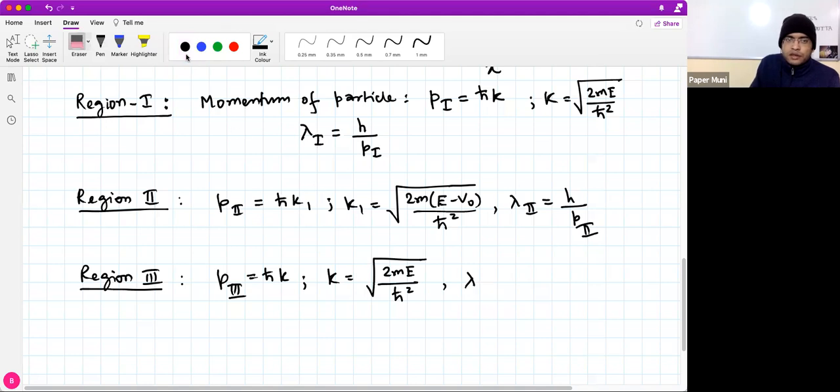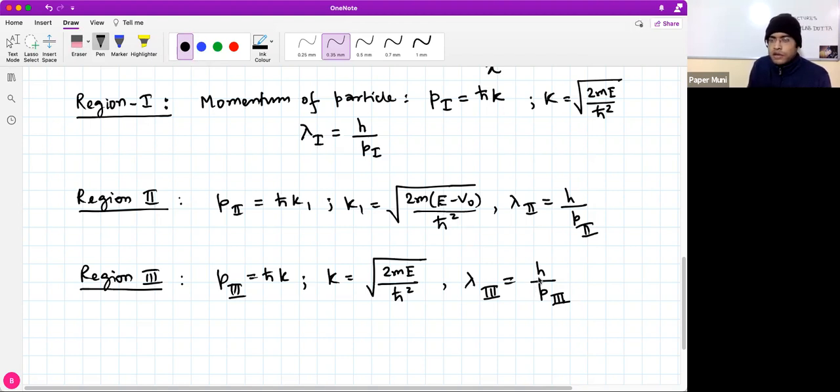Now what is happening here is you can see that the particle was moving with some momentum earlier in region 1, then it enters region 2, it slows down, the momentum reduces, right? And again once it reaches the third region it accelerates to the value which was initially in region 1.